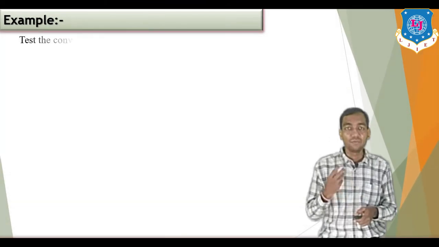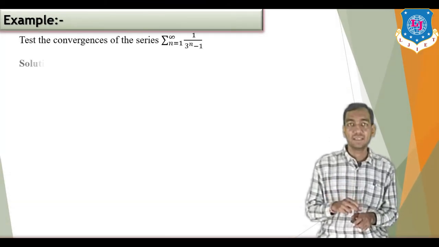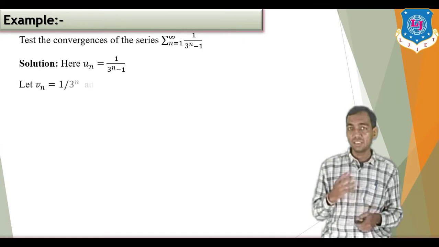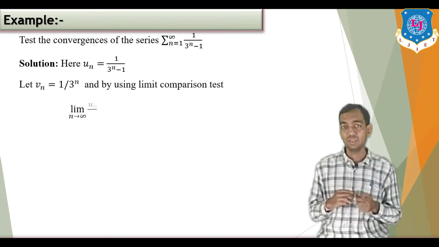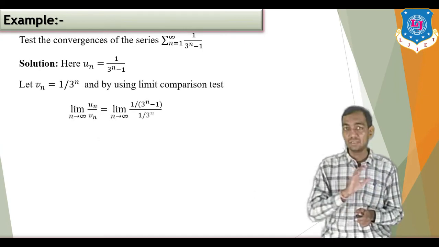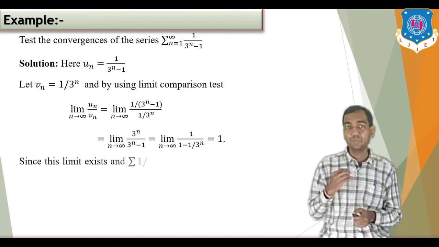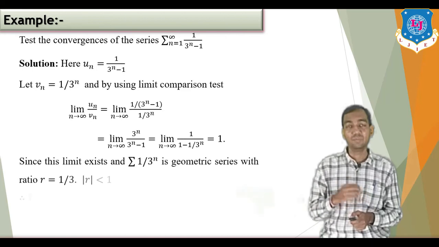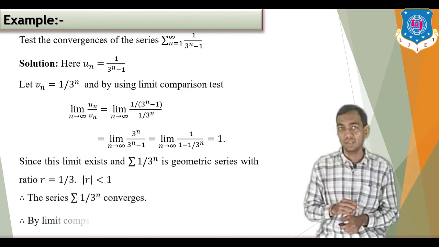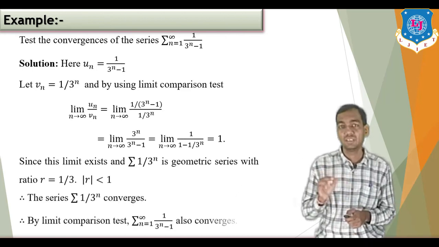Now we go to another example. See, this series sigma 1 upon 3 raised to n minus 1 is not in the form of a power of n; it is a power of a constant, with n in the exponent. So un is 1 upon 3 raised to n.